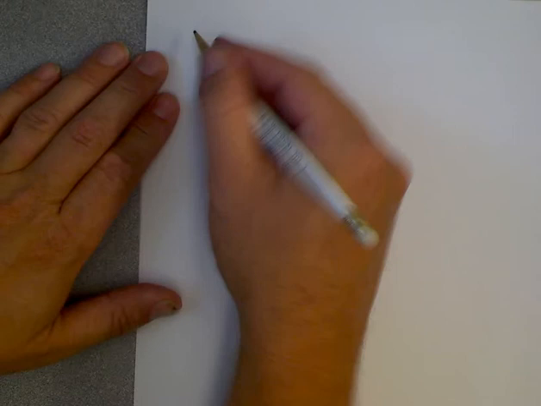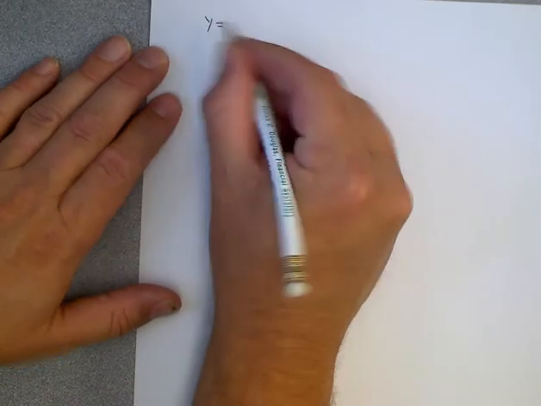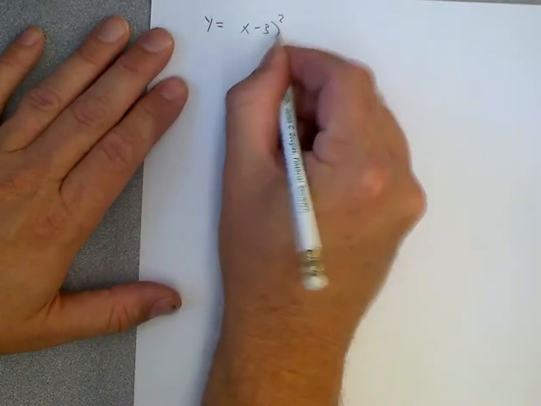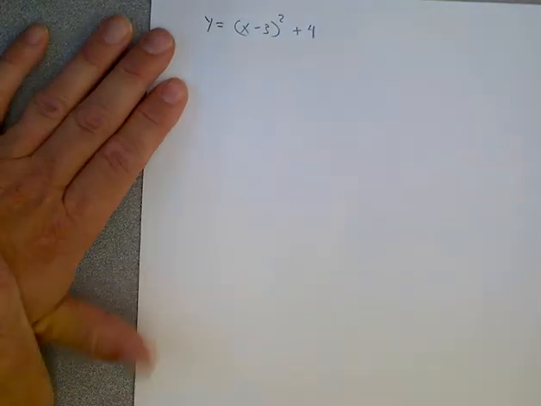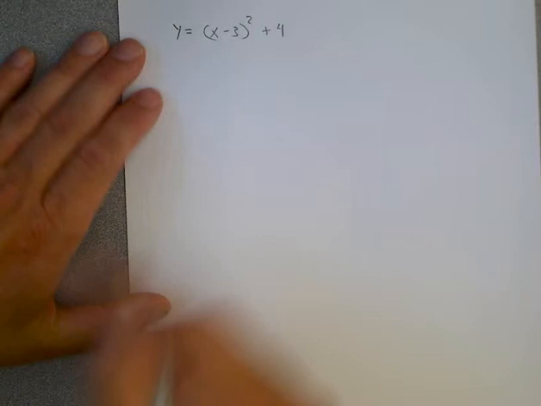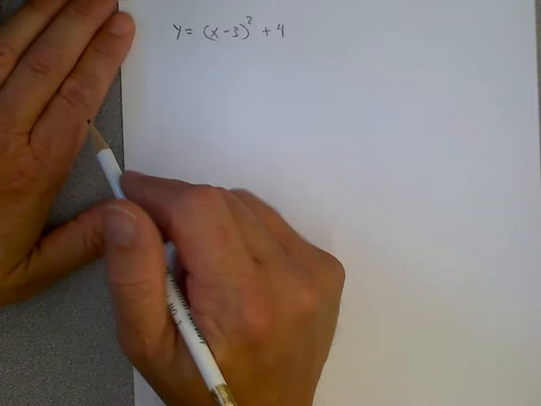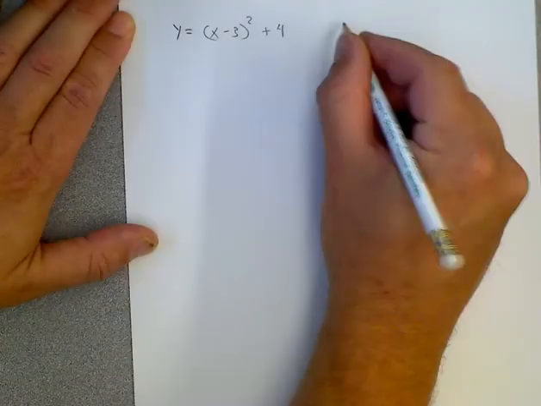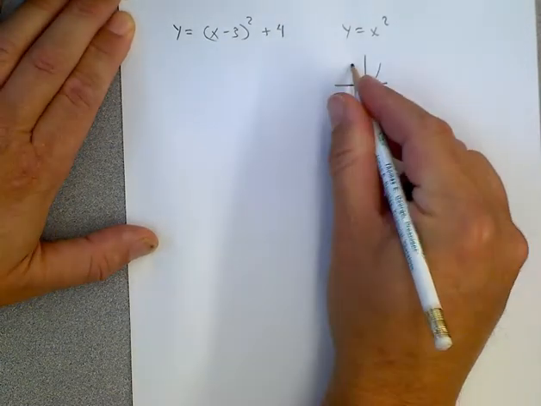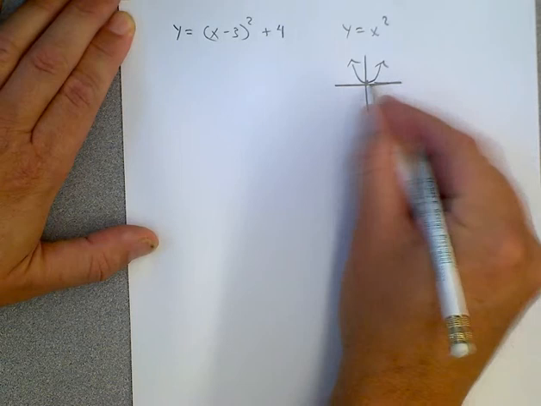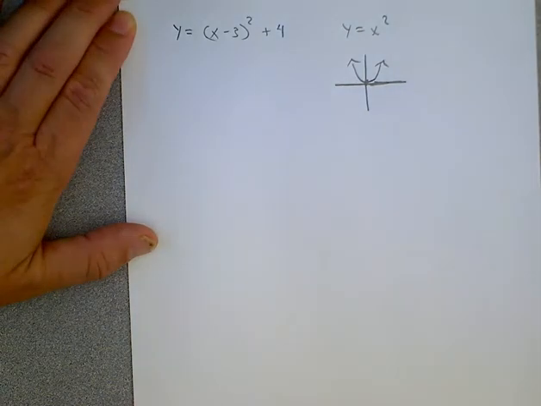And for instance, if I'm dealing with y equals (x minus 3) squared plus 4, then I have to identify the parent function, and the parent function is the x squared. We know that y equals x squared looks like this. Goes through the points (0, 0), (1, 1), (negative 1, 1).